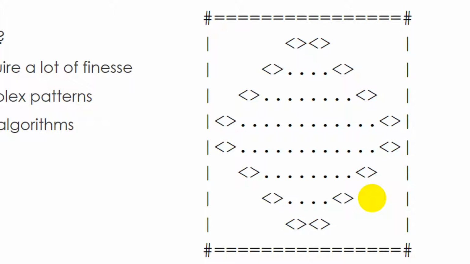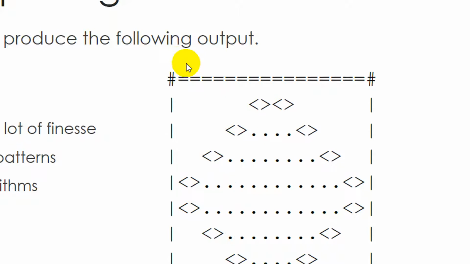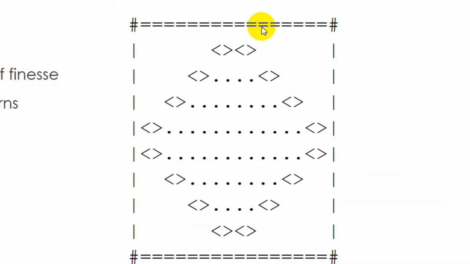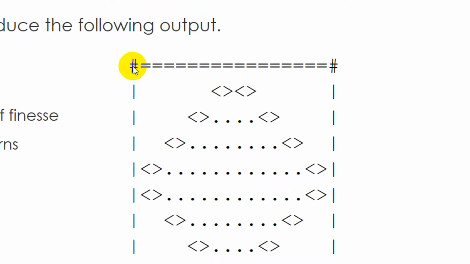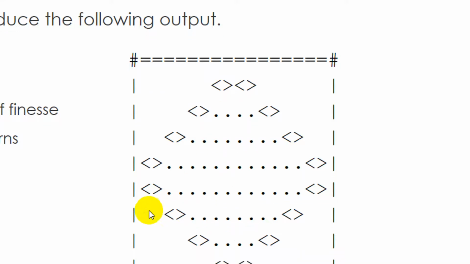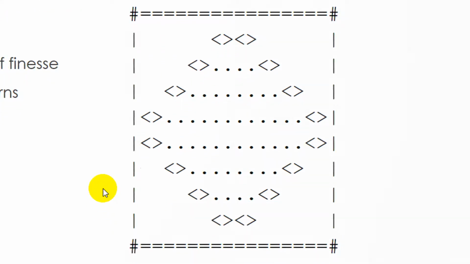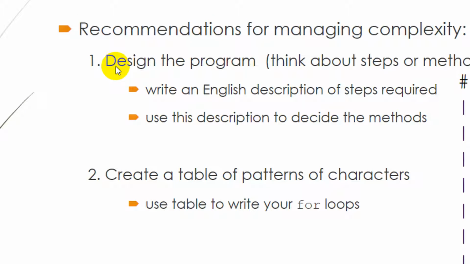Like in this diagram, you are using this as a start sign and this as an end, and you are using this as the beginning and then this less than sign, greater than sign, and dot. So you are using symbol 1, symbol 2, symbol 3, symbol 4, symbol 5, symbol 6. So you are using 6 symbols over here. So let's see how to write this logic.